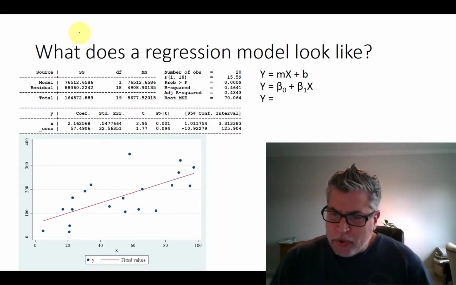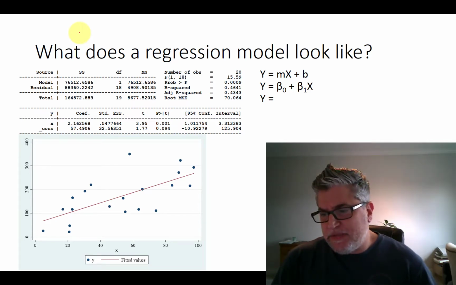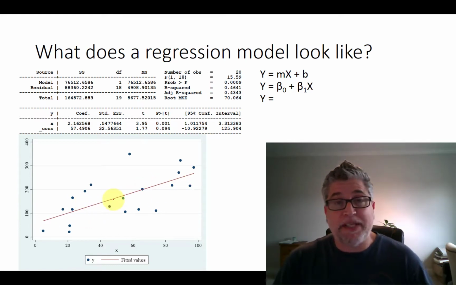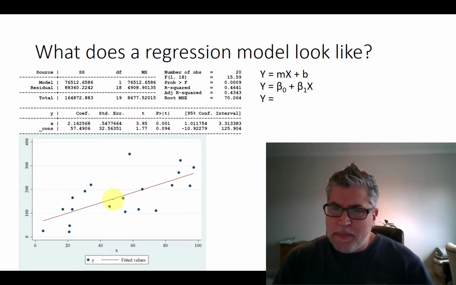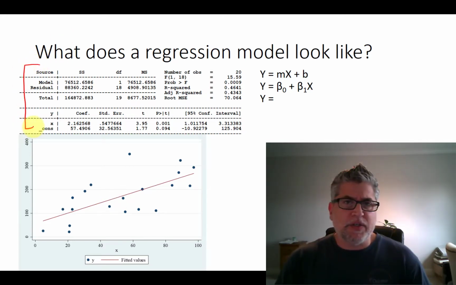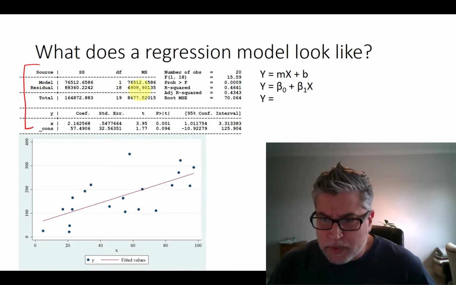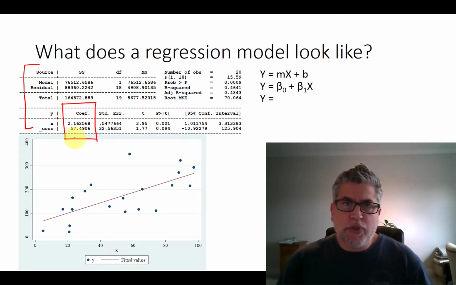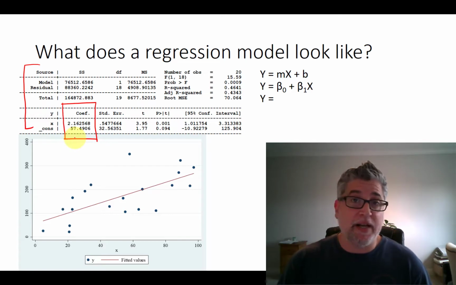Now, I told you that regression analysis is fitting a line. In fact, here is that real line that best fits that scatter of points. But where in this mess is there a straight line? Well, turns out that answer is right here. In these two numbers is all you need to define a line.